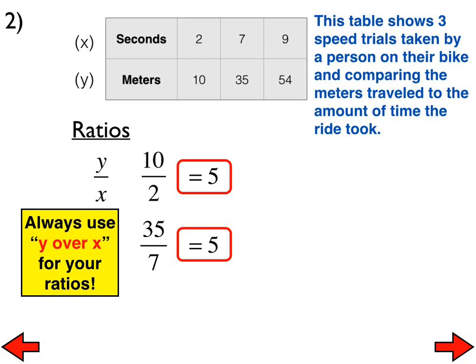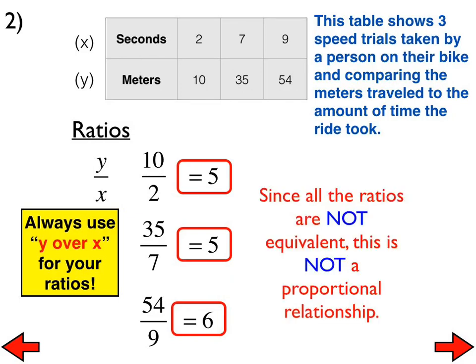But the third one, as Jaden told us, does not simplify to 5. It simplifies to something else. So make sure that you're doing the correct ratios, y over x, and then you're checking to see whether they are equivalent or not. Since all the ratios are not equivalent, this is not a proportional relationship. Any questions about number 2?